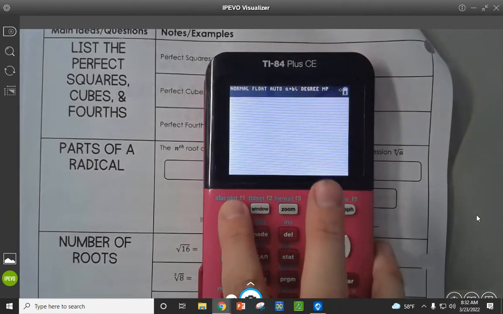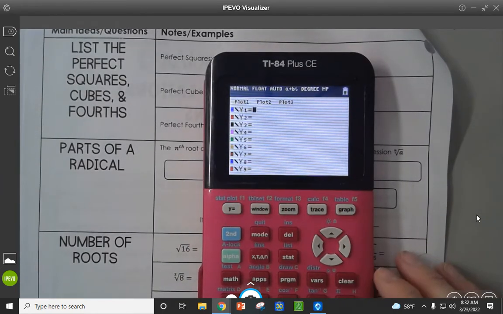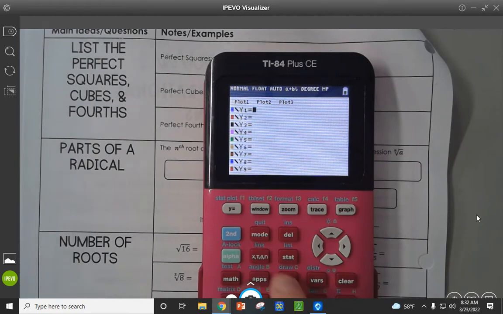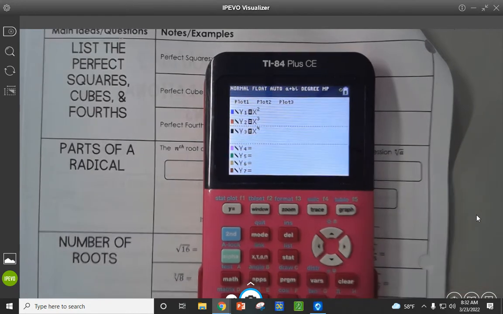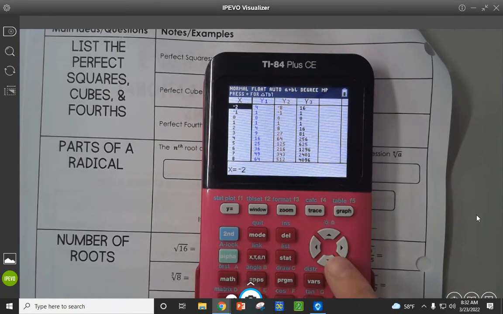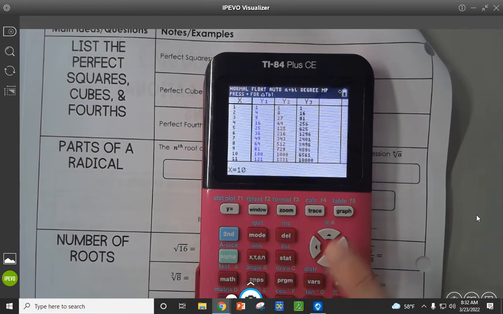If you go to y equals, and you type in x squared, you type in x cubed, and you type in x to the fourth. So I just type those all in separate equations. And then look at your table. You've got your list right there of perfect squares as far up as you need.